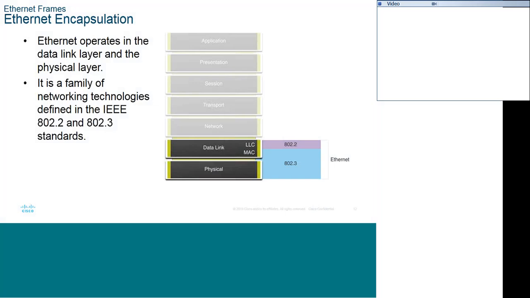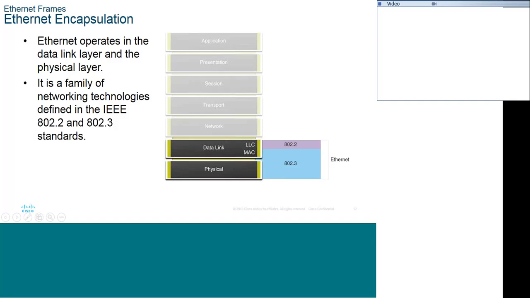So when you see the Ethernet and the encapsulation, this is mainly related to two layers of the OSI model, the first two layers, the physical layer and the data link layer. Both of them are responsible for the Ethernet technology.